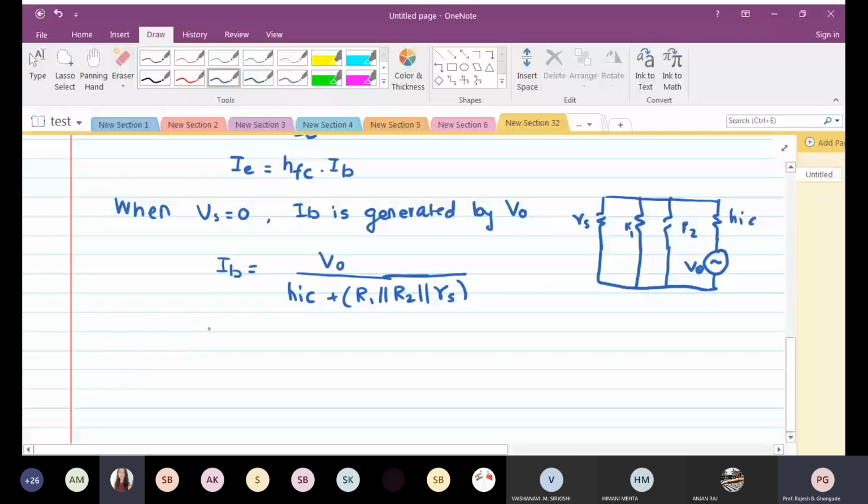So from this equation, I can write IE is equal to HFC VO divided by HIC plus R1 parallel R2 parallel RS.